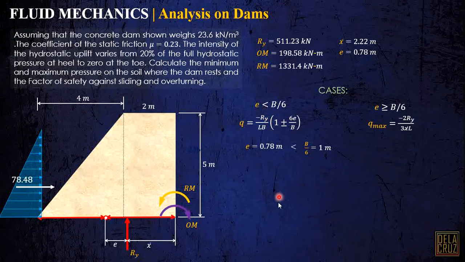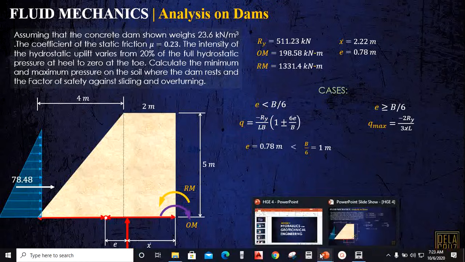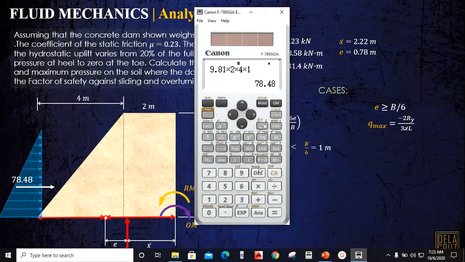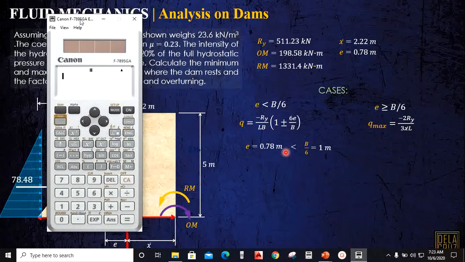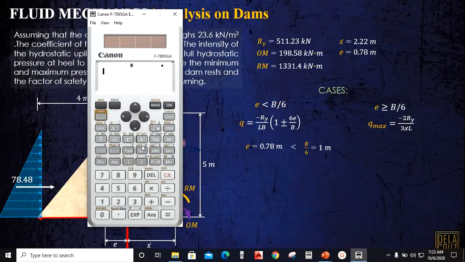So, calculating the pressure, maybe I will just use our calculator. Okay, so I will just do this formula here. So negative Ry, I will use variables. Actually, this L here is just the 1 meter strip, so I will not write it in the calculator.